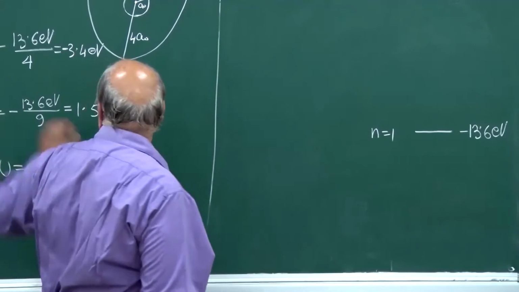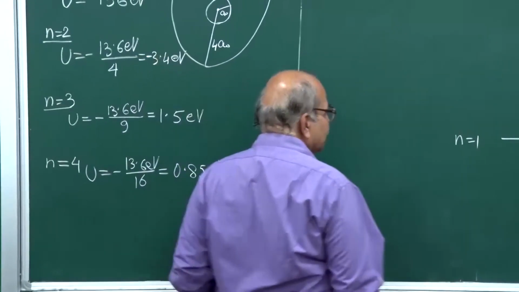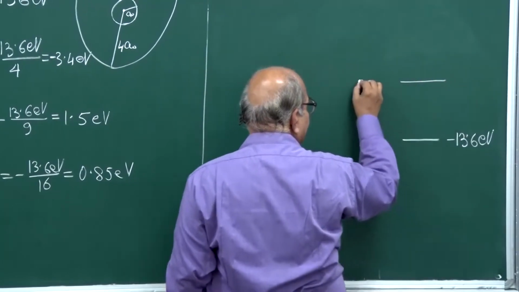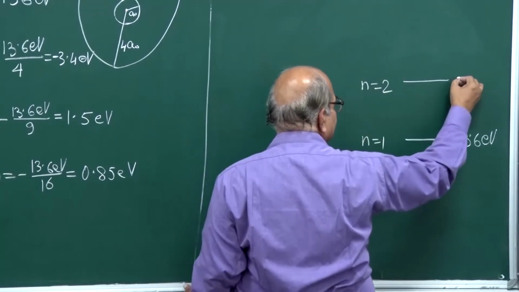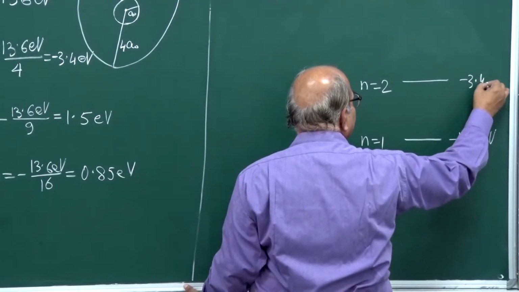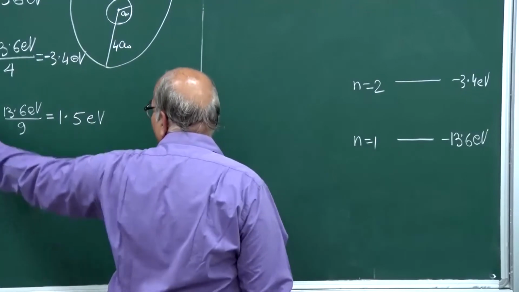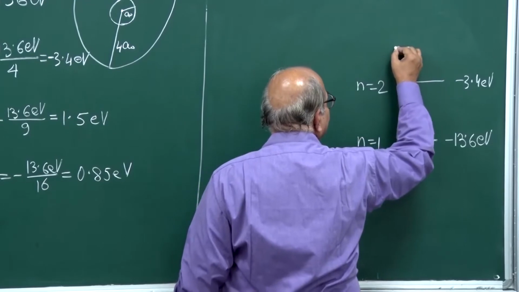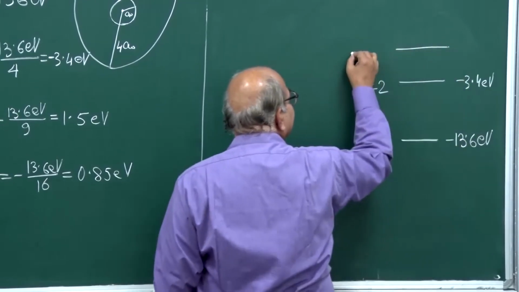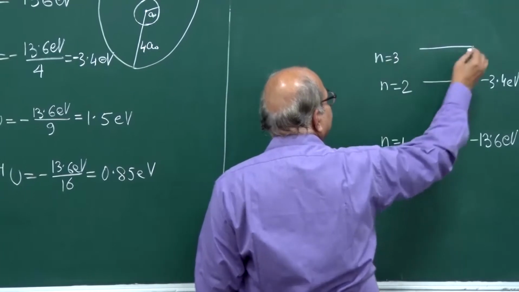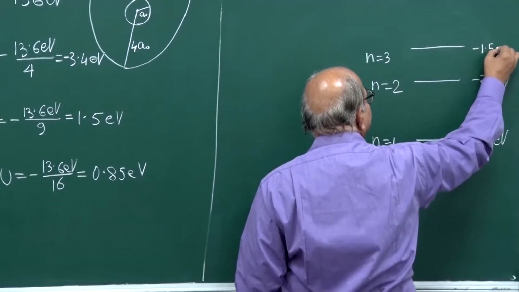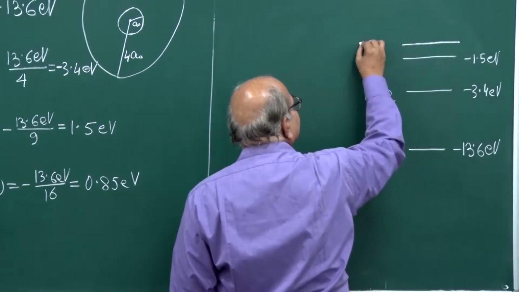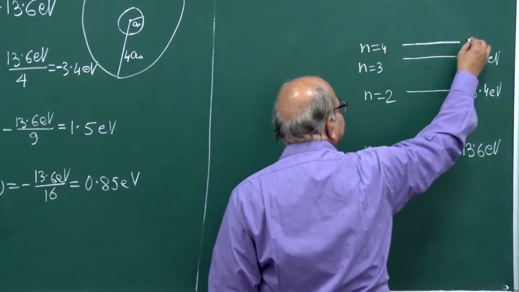And then n equal to 2 is minus 3.4 eV, let us say somewhere here. N equal to 3 is minus 1.5 eV, somewhere here. Then you have minus 0.85 eV for n equal to 4, and so on.